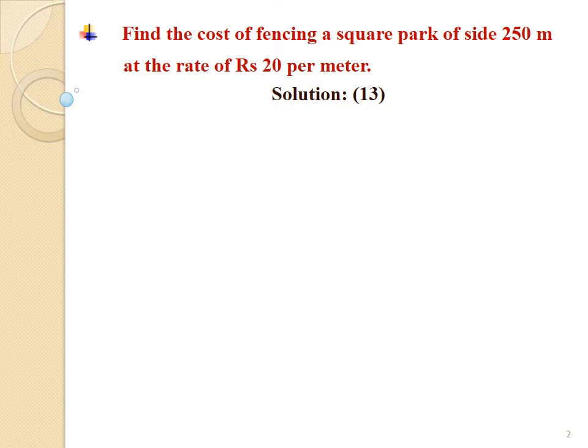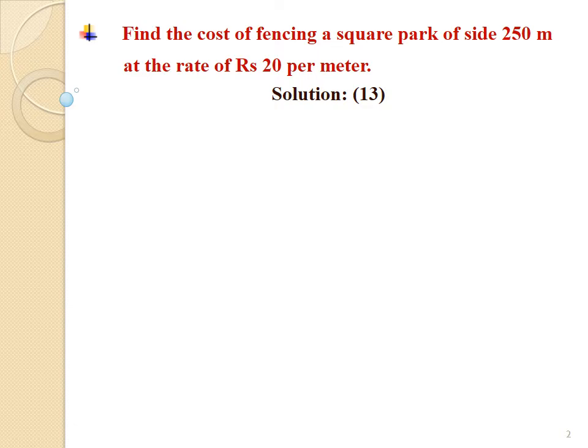After finding the perimeter, we have to multiply rupees 20, which is given to us, by the perimeter we obtained.